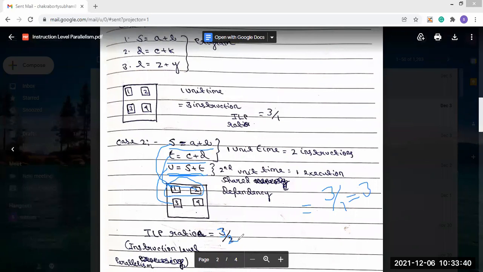All the instructions will not be executed in 1 unit of time; it will require much more time. But in the first case, we have seen that within a small amount of time our instructions get executed. So this is what we have as the ILP measure.